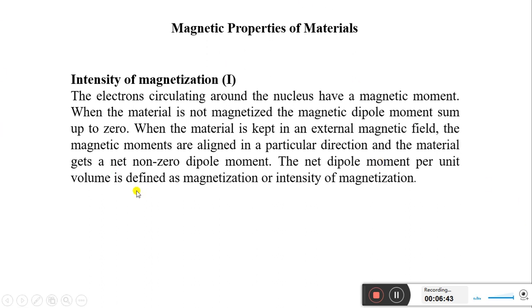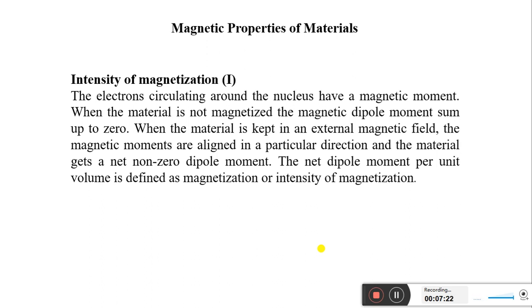Electrons circulating around the nucleus have a magnetic moment, and when the material is not magnetized, the magnetic dipole moments sum up to zero. But when the material is kept in an external magnetic field, the magnetic moments are aligned in a particular direction and the material gets a net non-zero dipole moment. So the net dipole moment per unit volume is defined as the magnetization or intensity of magnetization.